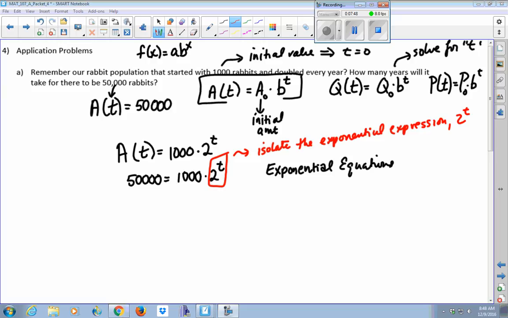To do that, we divide both sides by the coefficient, which is 1,000. On the left-hand side I get 50, and on the right-hand side I get 2 to the t.